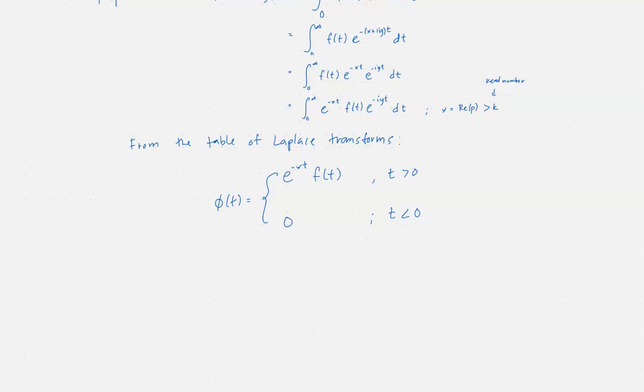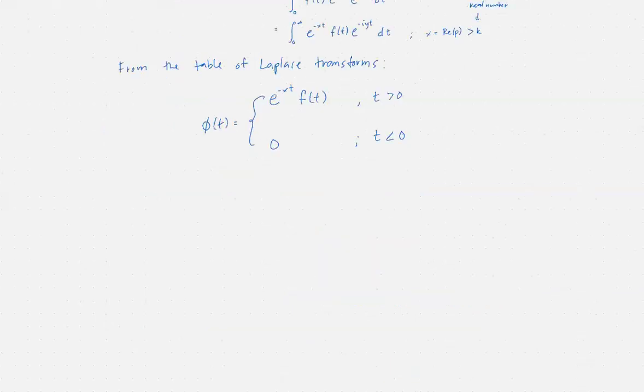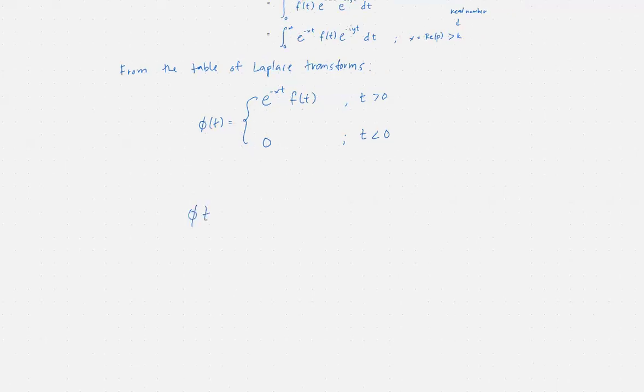So that means we can actually use this function in analogy with our Fourier transform, right? So if you look at here, we are trying to find f of t, and similar to Fourier transform, we just do it this way. So our f of t is our g of alpha. So this means that our phi of t can be written as 1 over 2 pi.